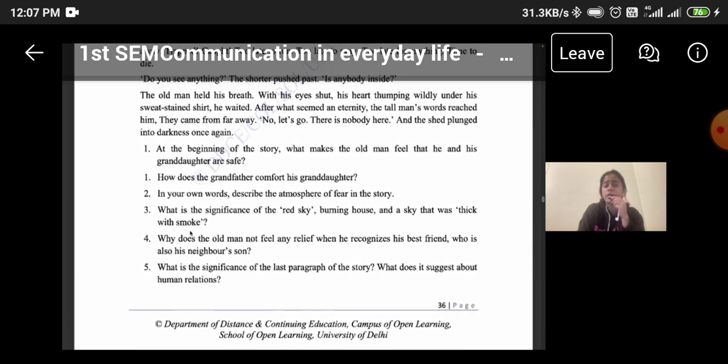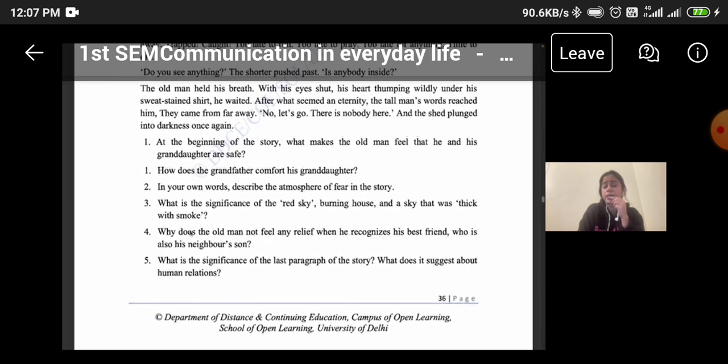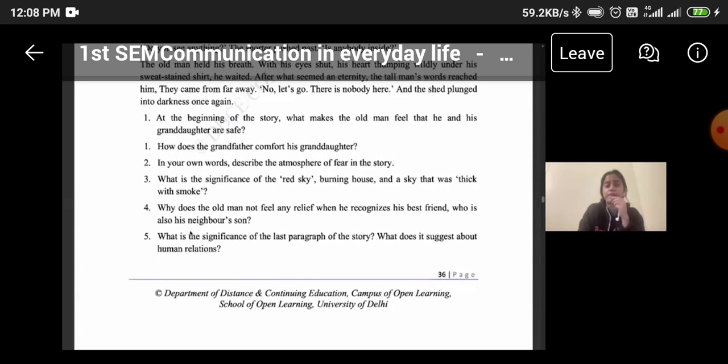"Is anybody inside?" The old man held his breath, with his eyes shut, his heart thumping wildly under his sweat-stained shirt. He waited. After what seemed an eternity, the tall man's words reached him. They came from far away. "No, let's go. There is nobody here." And the shed plunged into darkness once again.